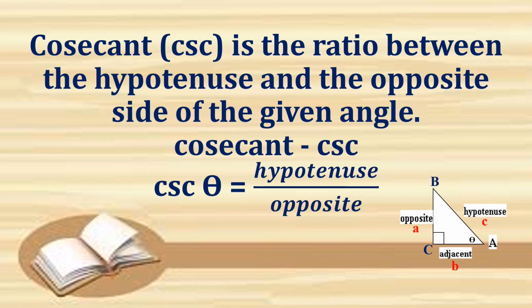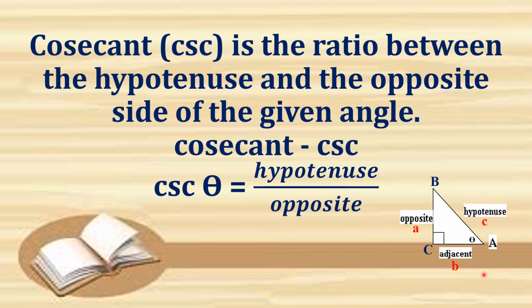It is the ratio between the hypotenuse and the opposite side of the given angle. Or, we're going to use the formula cosecant theta is equal to hypotenuse over opposite. So, in cosecant, we're going to focus on the hypotenuse and the opposite side.